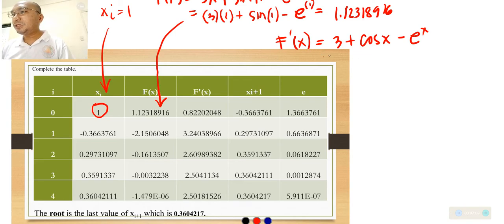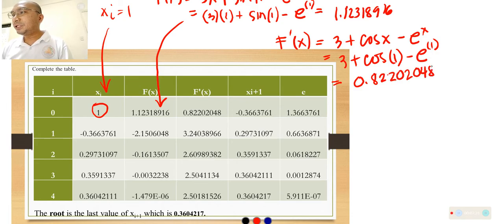So we substitute 3 plus cosine of 1 minus e raised to 1. That is equal to 0.82202048. That is the value in this table.